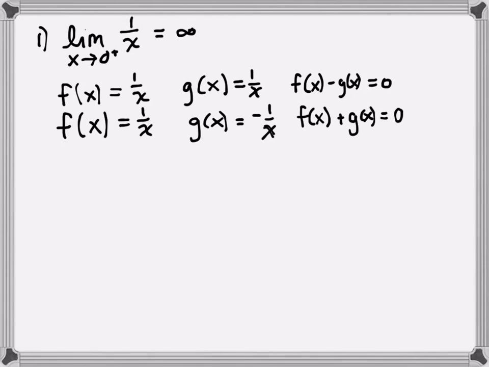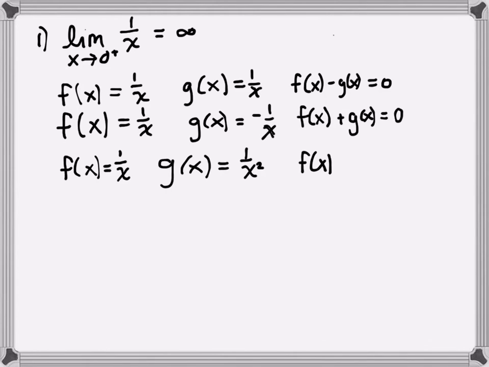But it could fit the criterion. What if you had f of x equal to 1 over x and g of x equal to 1 over x squared? Those both have asymptotes at x equals 0, right? When I subtract these, I get 1 over x minus 1 over x squared, which I can combine.